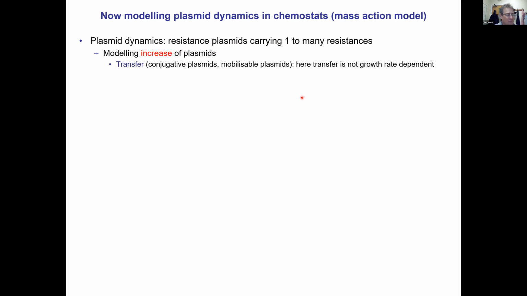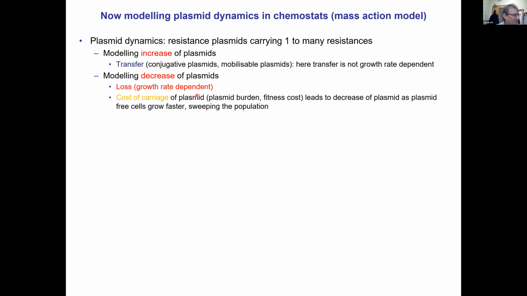In our simplest case, it is not dependent on growth rate. And we have to model the decrease of plasmids. There are 2 reasons for the decrease of plasmids. One is plasmid loss. The loss is generally dependent on growth rate, because the plasmids get mostly lost when the cell divides. So the loss rate should be dependent on growth rate.